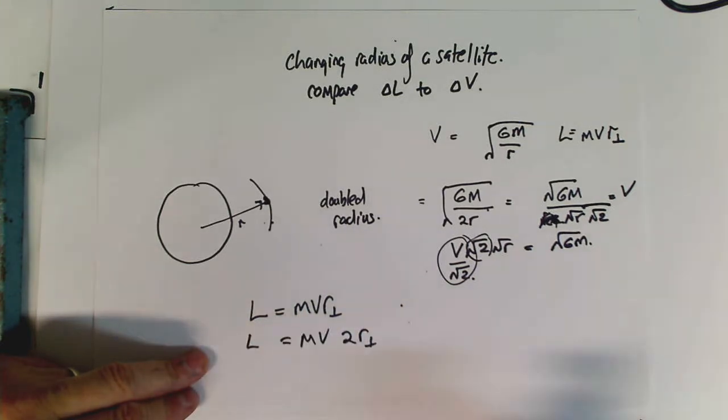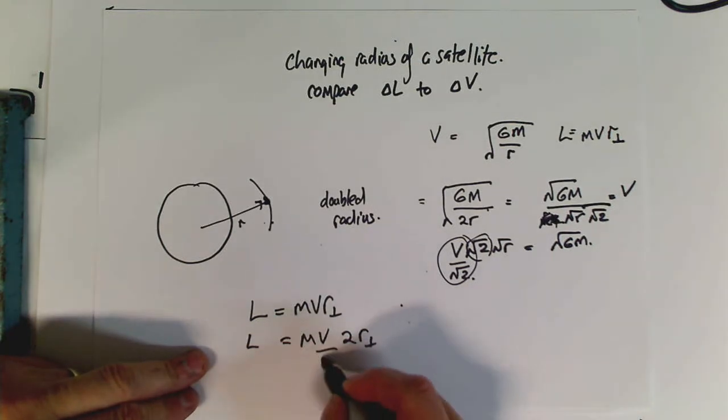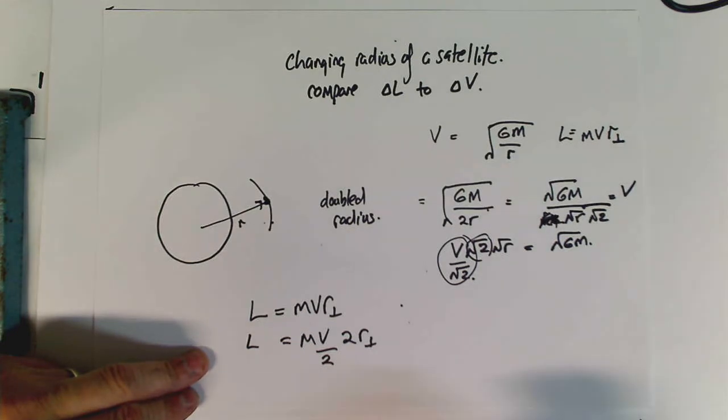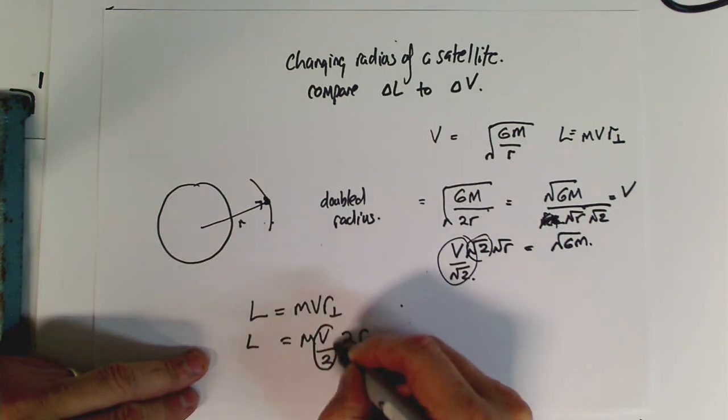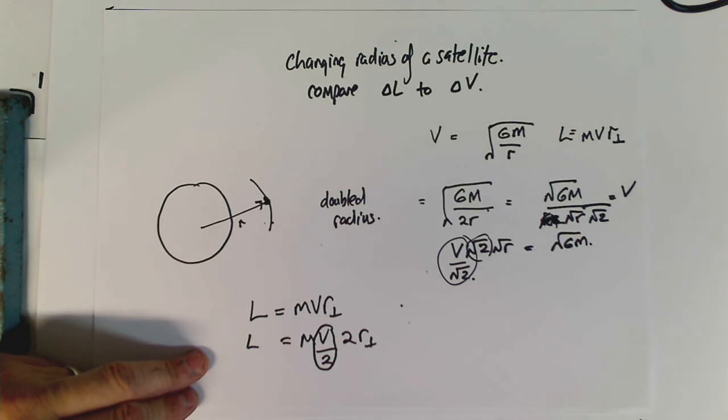Now the only way we can do that, we can't change the mass of the satellite, but we can divide the velocity by 2 and we'll still have it work. So for conservation of angular momentum to work, we needed to divide the velocity by 2.